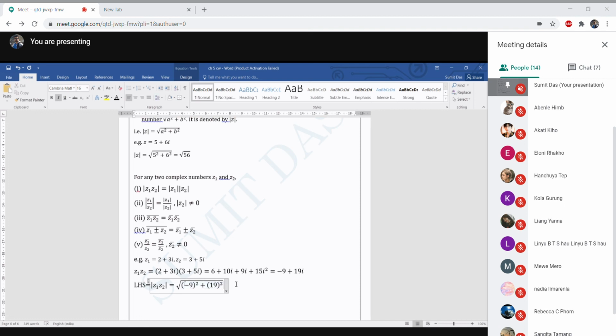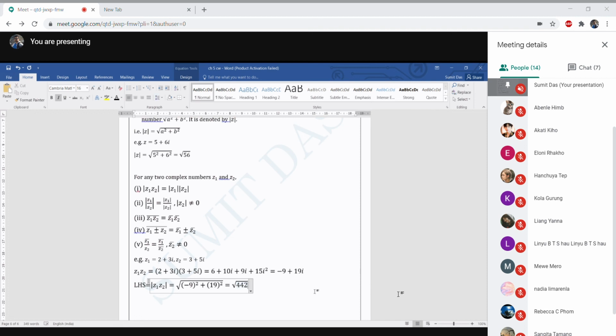If you simplify this one, it will be square root of minus 9 squared is 81, 81 and 361, it will be 442 I guess. 361 and 81, yeah, 442.